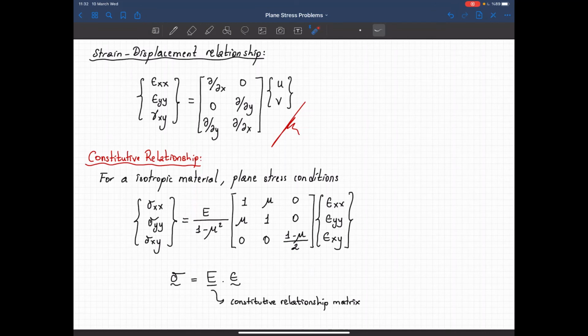For anisotropic material or orthotropic material, this part will be different. Now, in order to continue with the finite element formulation, we have to write down the energy equations, and then from the energy equations we will figure out the trial functions and do the finite element formulation.